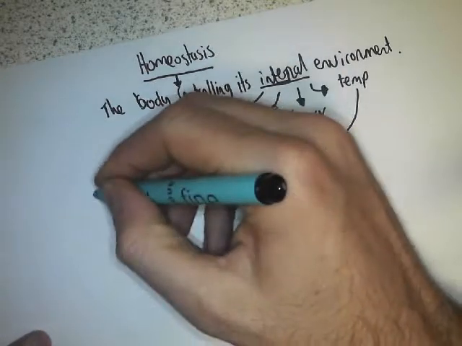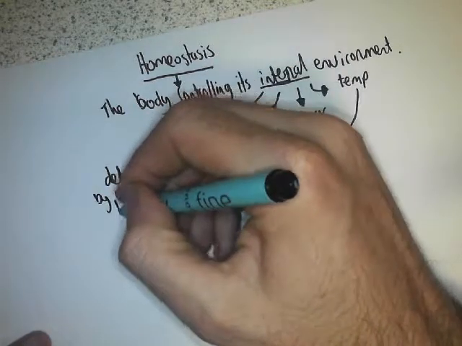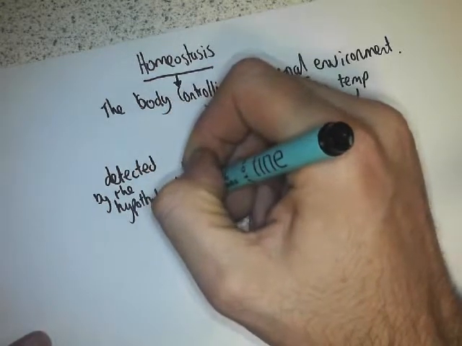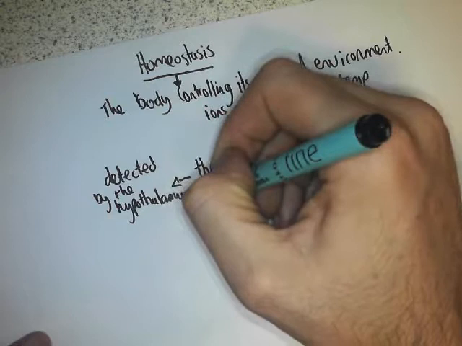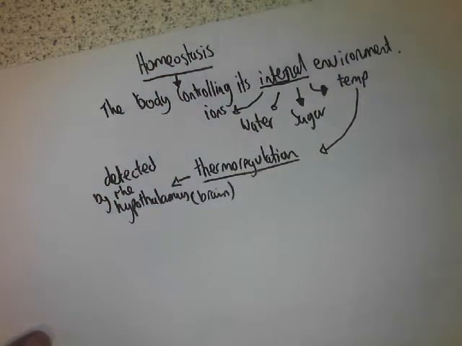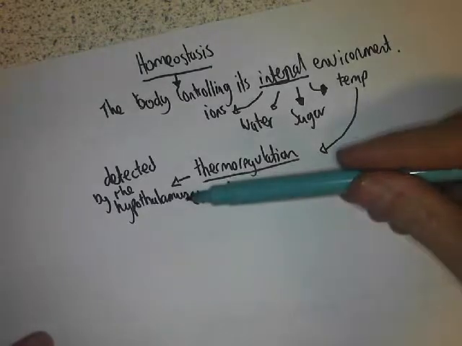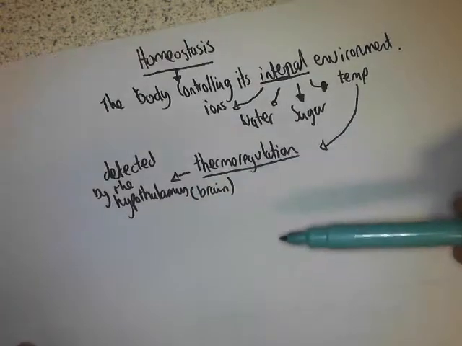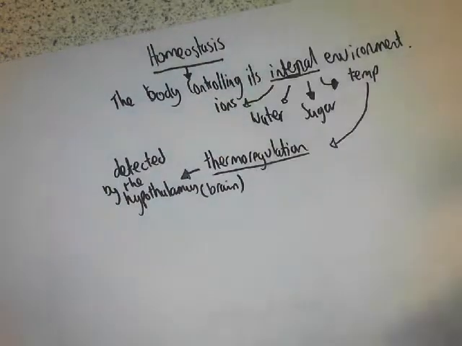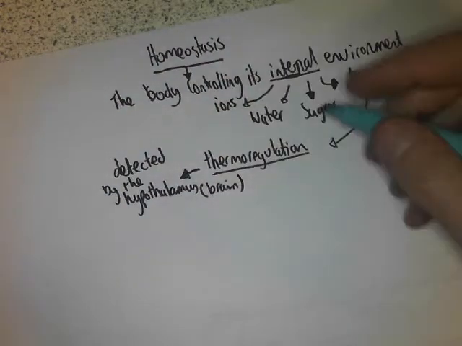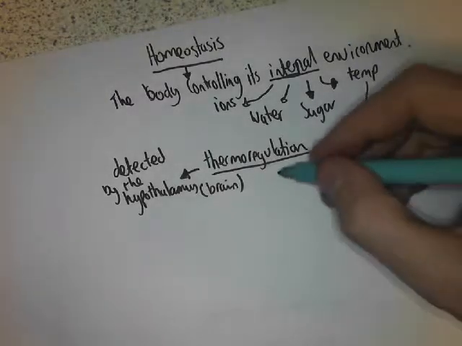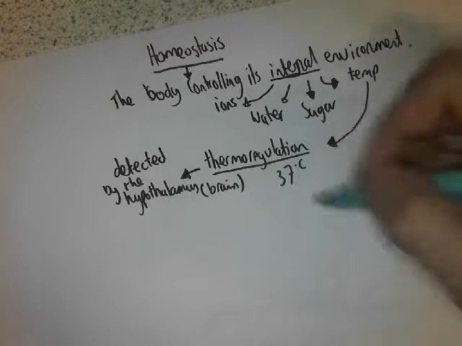The temperature is detected by the hypothalamus, which is in the brain. So if we get a drop or an increase in temperature, it's detected by the hypothalamus, which will then cascade a series of events in our body in order to bring our temperature back down or back up to the normal of 37 degrees.